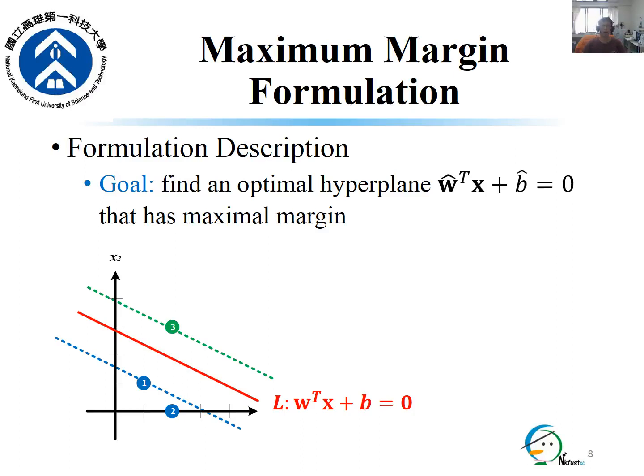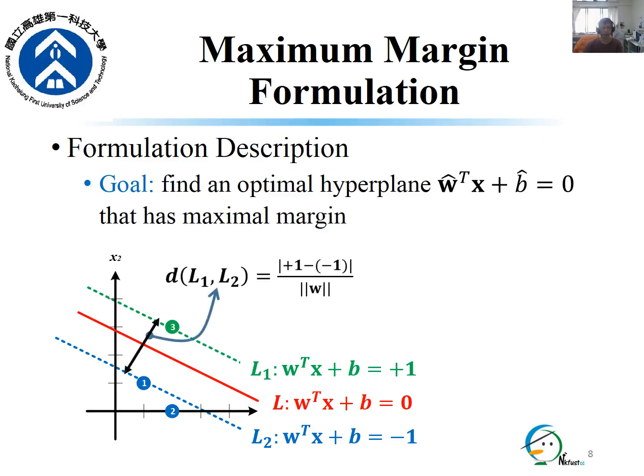The goal is thus to find the optimal hyperplane that has maximum margin. Without loss of generality, assume that the two support hyperplanes with maximum margin are W transpose times S plus B equal to plus 1 and minus 1. According to geometry theory, the distance between two parallel hyperplanes is the absolute value of the bias difference over the norm of the normal vector.